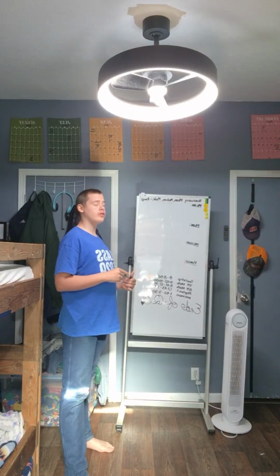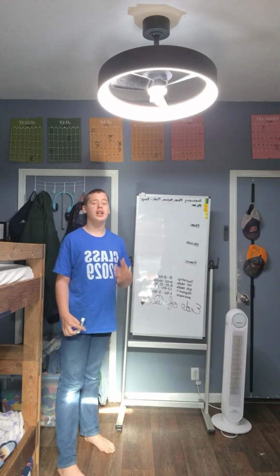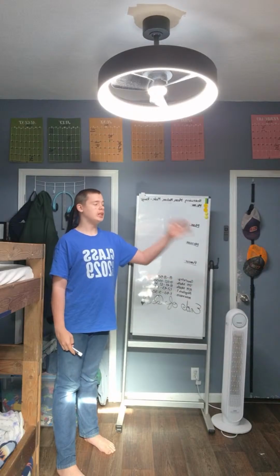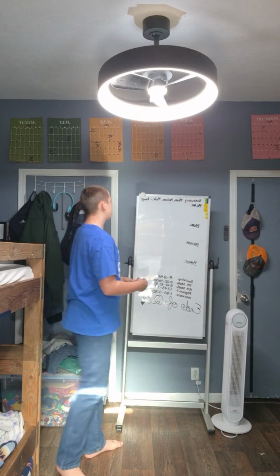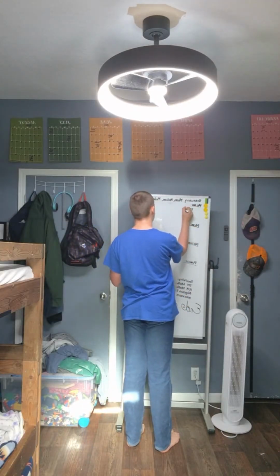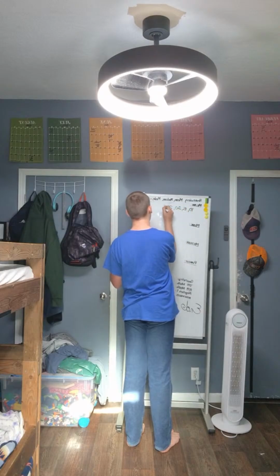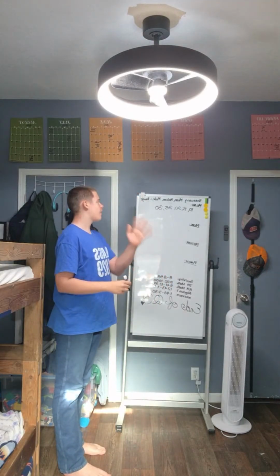So mean practically equals average. So mean is adding up all of the sums and then dividing it by the number of the actual numbers there are. Like for example, we have 10, 15, 20, 25, 30. We have five numbers.